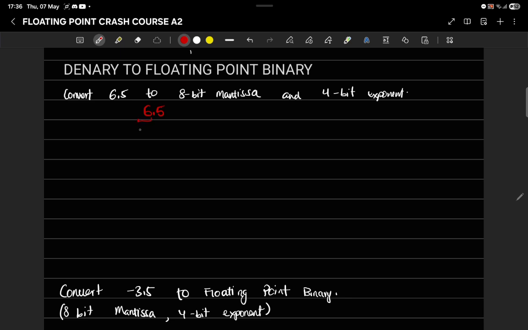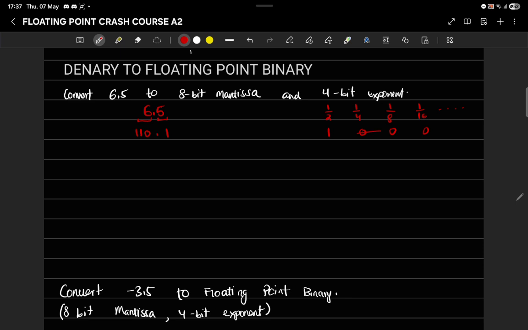So 6 will be 0 1 1 0, and then 0.5 would be 1, because we have 1 by 2, 1 by 4, 1 by 8, 1 by 16, and so on. For 0.5, we have to have a 1 for 1 by 2. So this will be 1, the rest will be zeros.